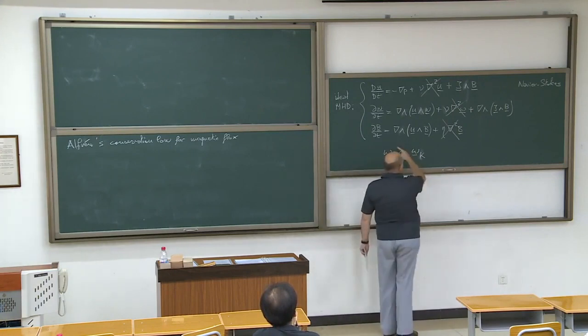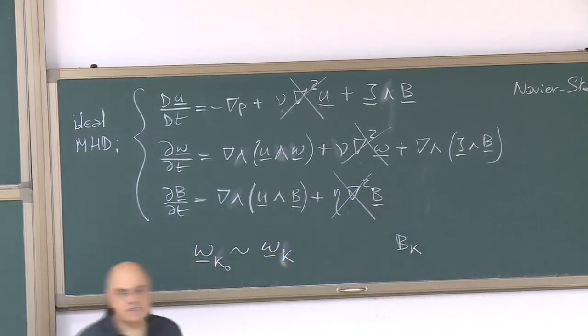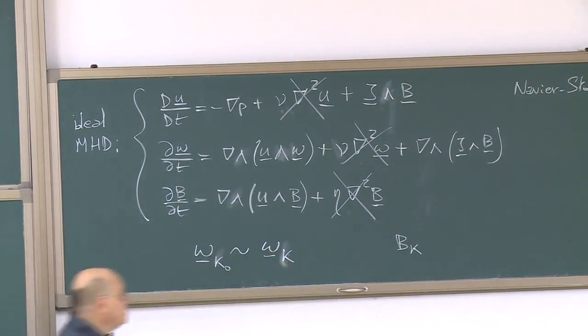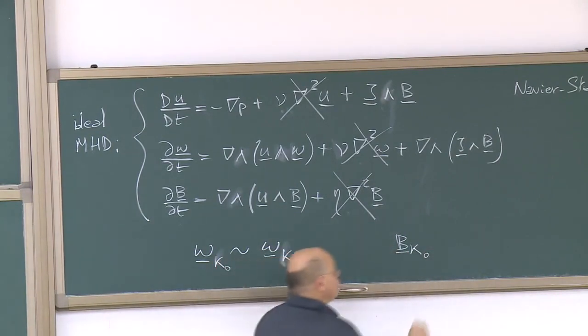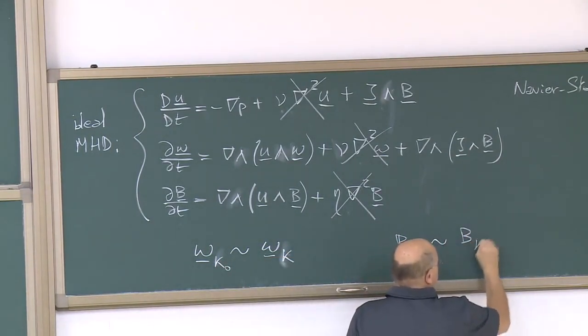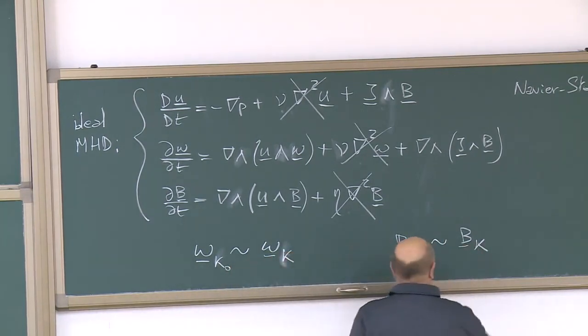This is due to Cauchy. Similarly, a knot that is made of field lines B at a certain time t0 is transported to a new shape, a new geometry, but the same knot at a later time.